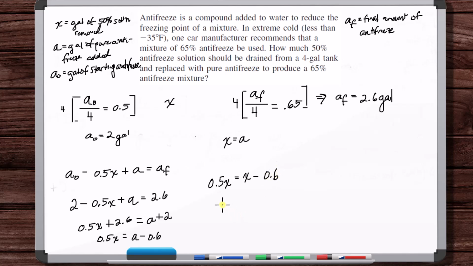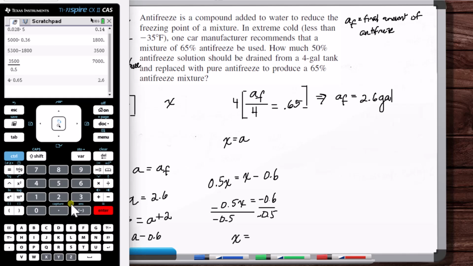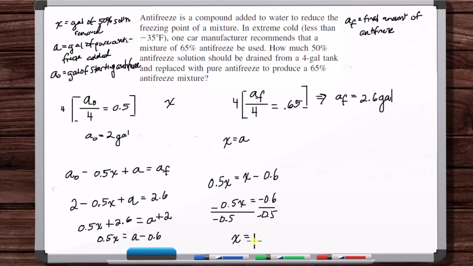Let's subtract X from both sides. You get minus 0.5x is equal to minus 0.6. Divide both sides by minus 0.5. X is equal to 1.2 gallons.